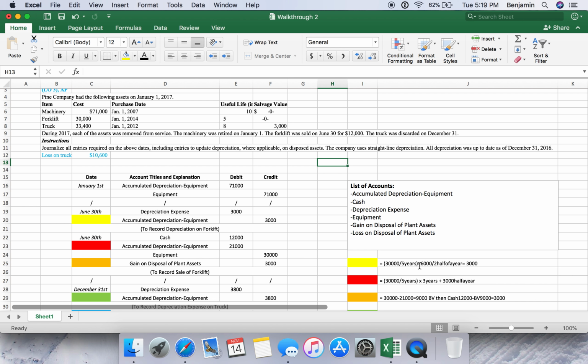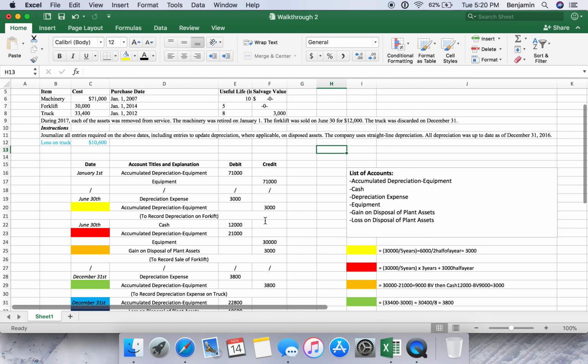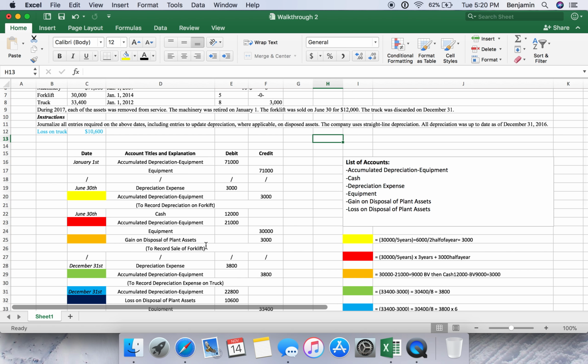So it depreciates 6,000 a year, but since it's only half of a year of depreciation, we divide it. So that's 3,000. We debit the depreciation expense account by 3,000, and we credit the accumulated depreciation equipment account by 3,000. And that's to record the depreciation.